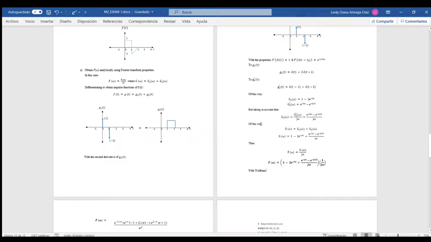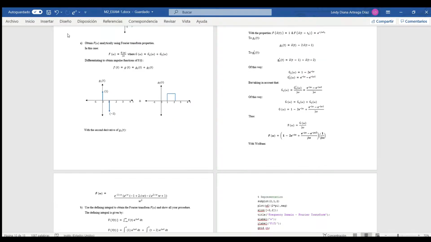In this way, with the original derivative transform, substituting the values, the derivative transform g(ω) is equal to 1 minus 2e^(-jω) plus e^(-jω) minus e^(-jω2) over jω.